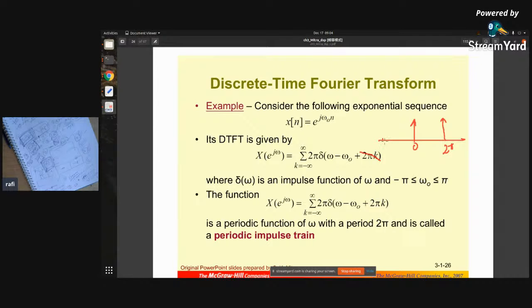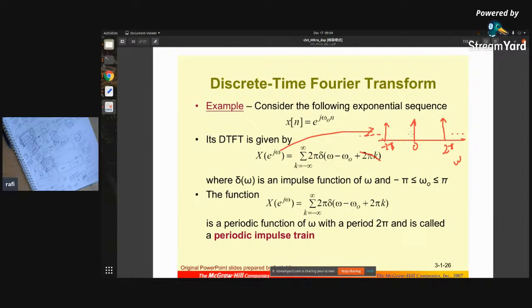Likewise, at minus 2 pi also you will have the impulse. Likewise, it will go on with omega varying from minus infinity to infinity. So this is the X of j omega plot. Is it clear?